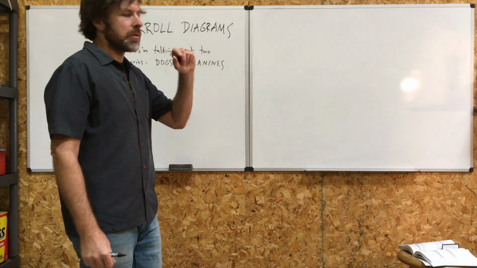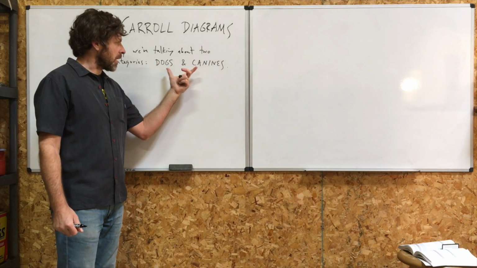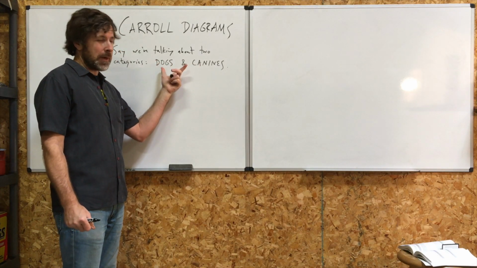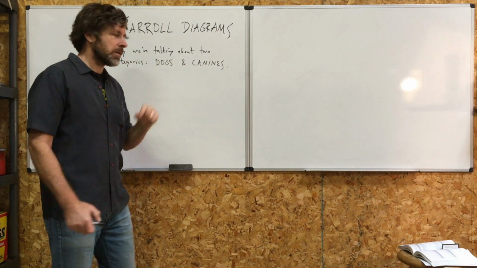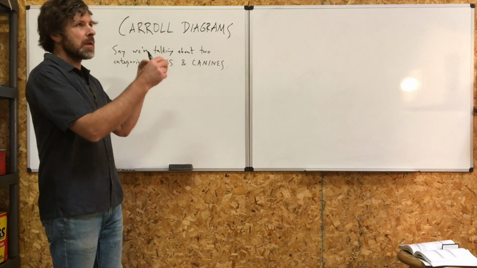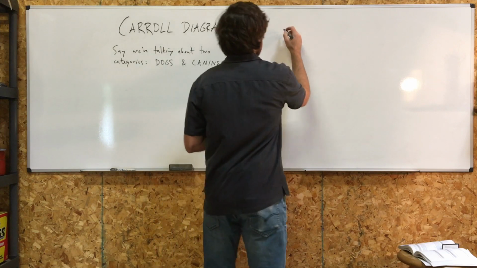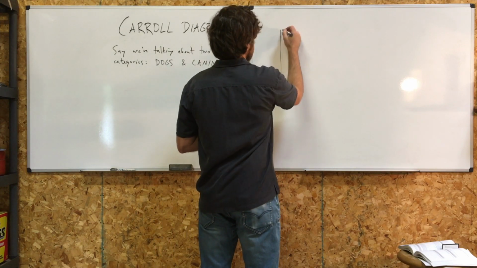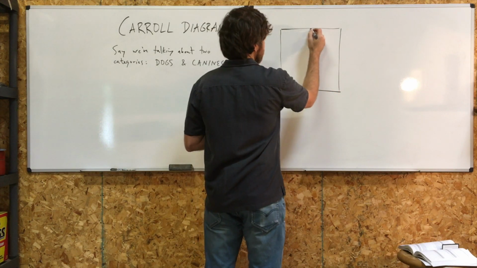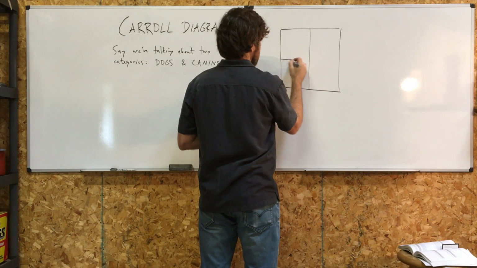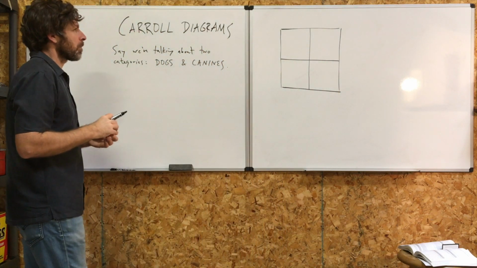If we have two sets that we're going to talk about, we're going to need 4 squares, just like in a truth table, if you had 2 statement letters, you have 4 rows. So you begin this way, with a large square right here. You're going to make 4 squares in this way.